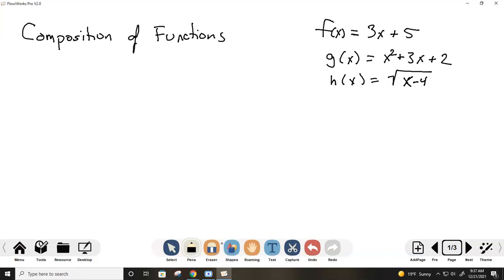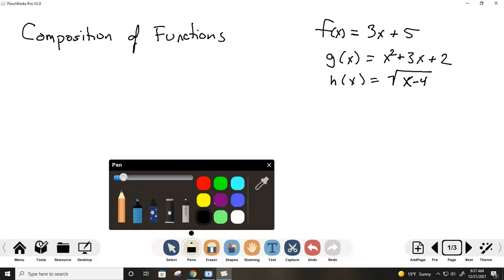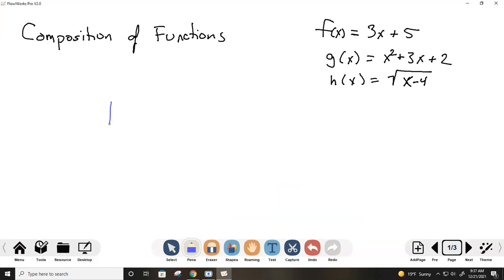Let's hide that. I'm just going to start with a single function and with this idea of the function machine. It's kind of like, what does a function really do? One way we sometimes talk about functions is we've got this machine, and this is my function, say f of x. We put in some input and we get out some output.